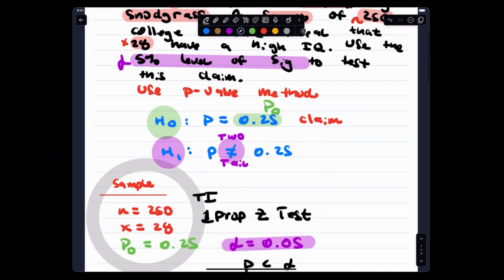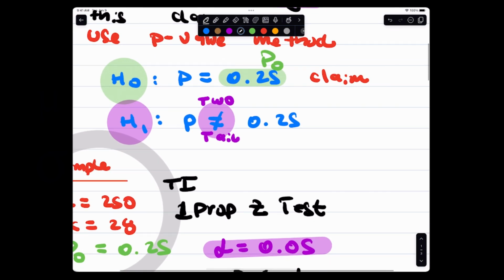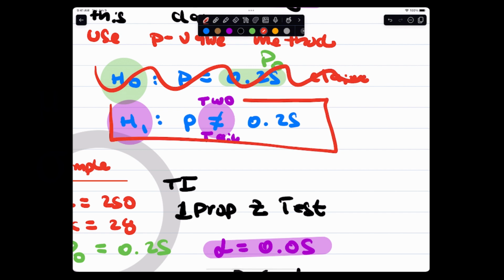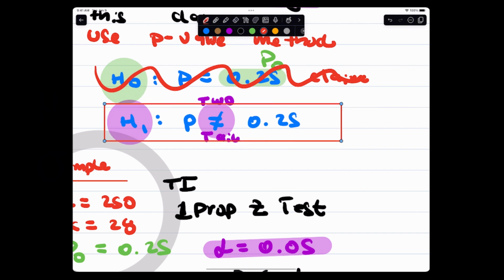So when I go to the null, you say, okay, no. You got to go. You're gone. So if the null is gone, you have to accept the alternate. Okay? If the p-value is low, the null goes.